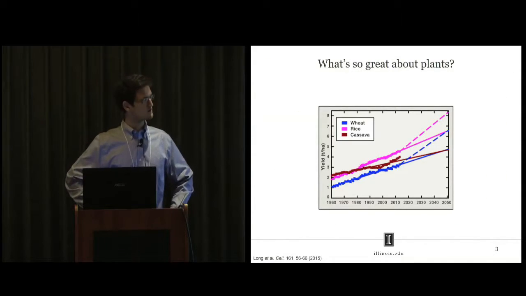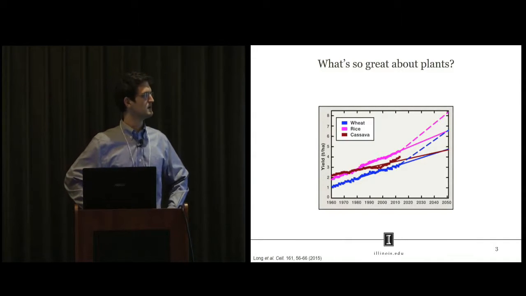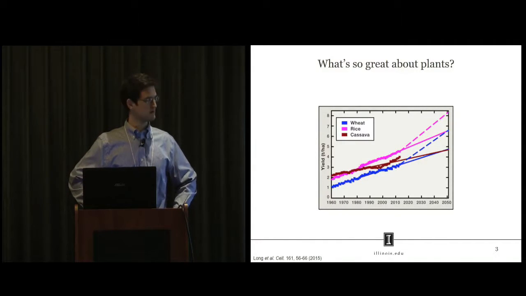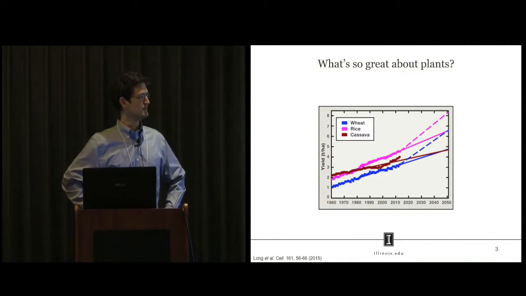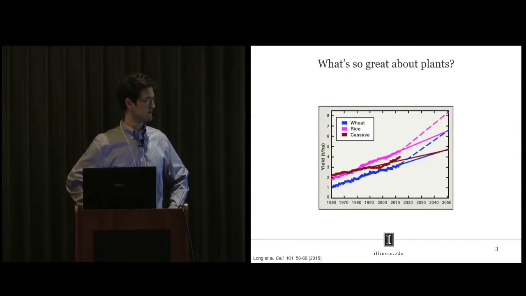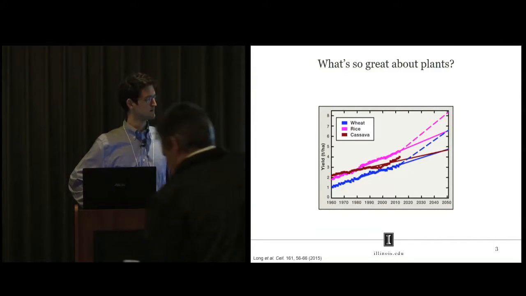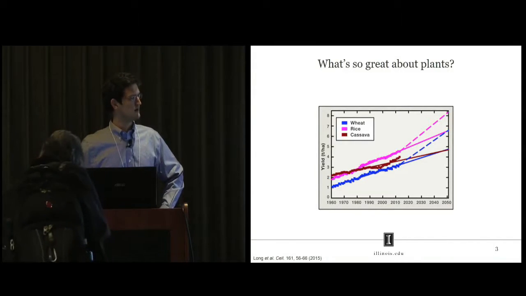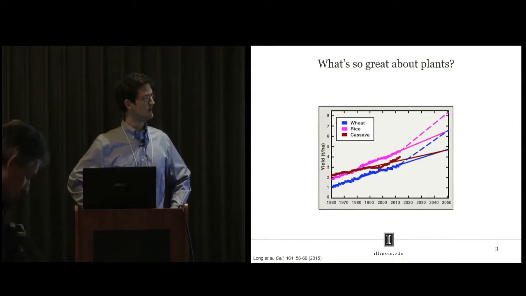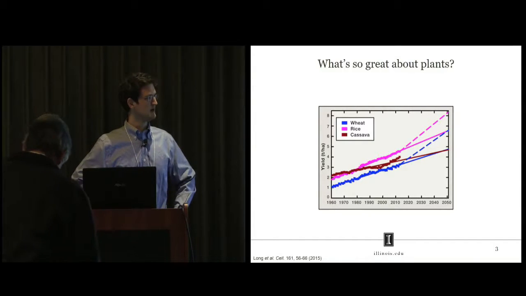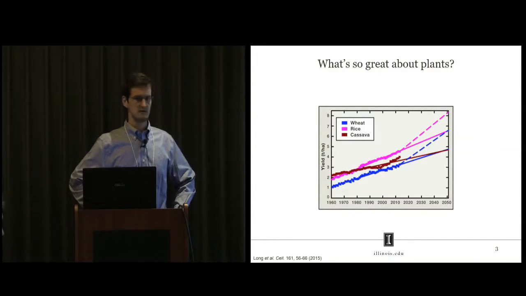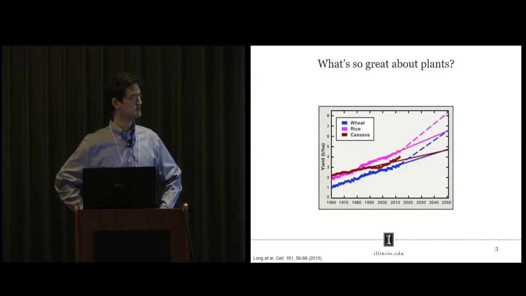And then also, this is a plot of the yields of three staple crops worldwide. The solid lines show trends from the previous 50 years, extrapolated forward in time, and the dashed lines show the projected needed yield to feed the growing world population.